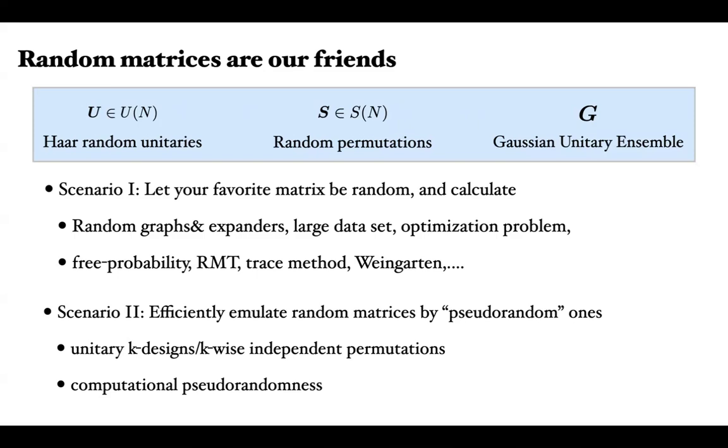And it has been pretty successful in modeling random graphs, expanders, and optimization problems, by just considering the problem to be random. Once you define the problem using random matrices, you can use tools from random matrix theory and free probability. Quite often, these problems are still not that easy.